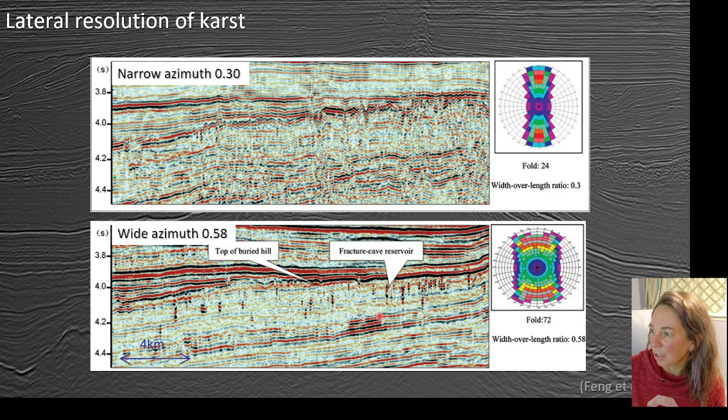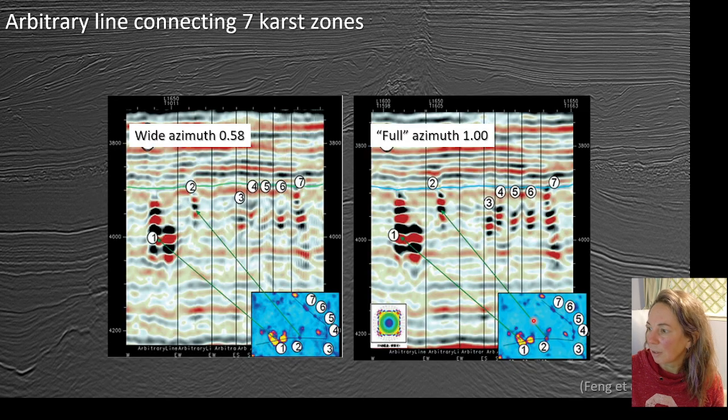I didn't point that out on the last slide. So here's narrow, wide. So we've got full to 72. Here we've got the full azimuth. So it's been further reprocessed to get azimuth in 360 degrees. And that helps even better than wide azimuth in identifying the small scale features.